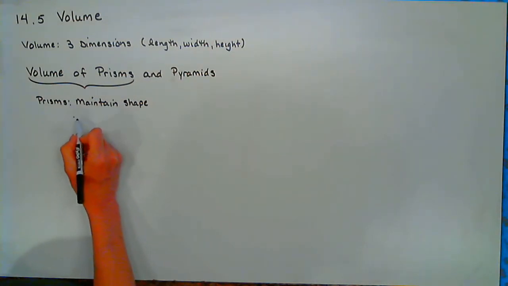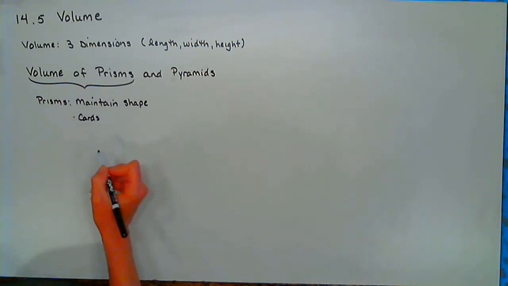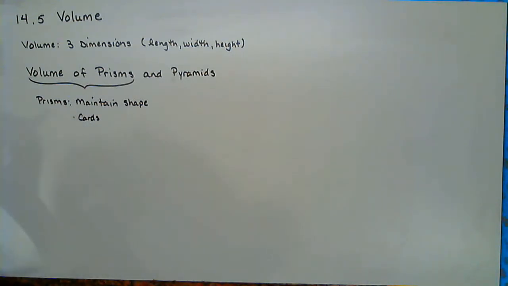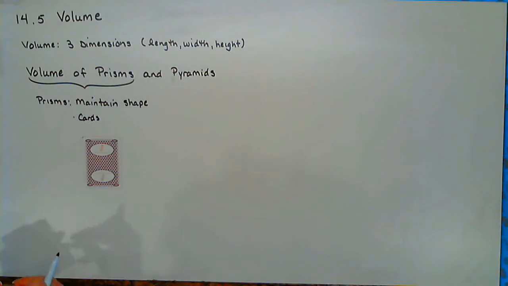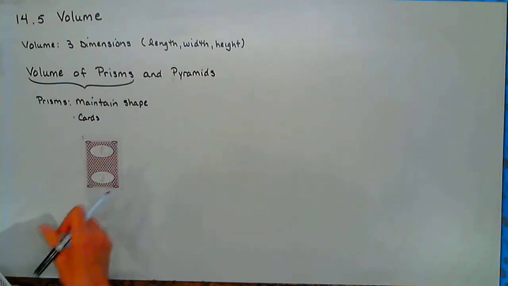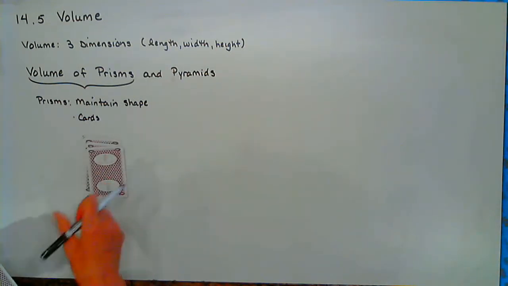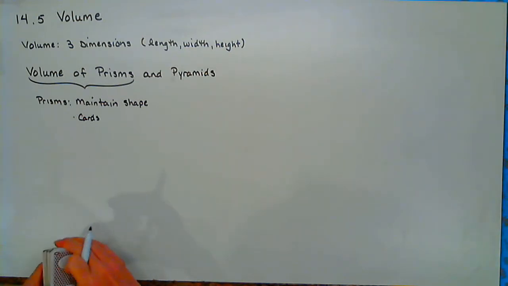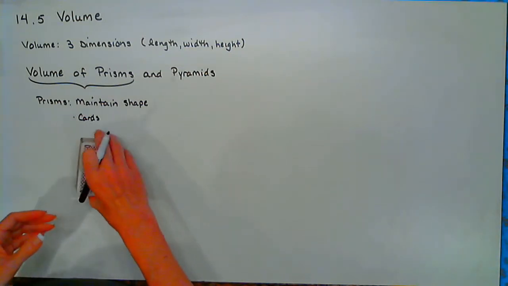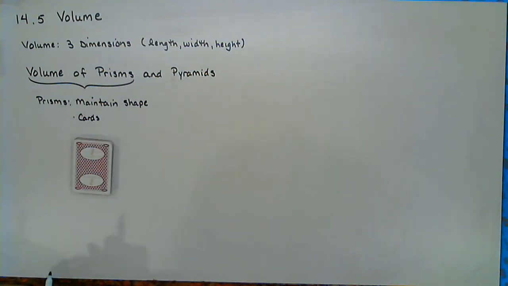So today we can look at a standard deck of cards, because if I give you a single card, we know what that shape is. That shape's a rectangle. But then if I stack another one and another one and another one and another one and another one, you get the idea. I end up with this solid deck of cards.